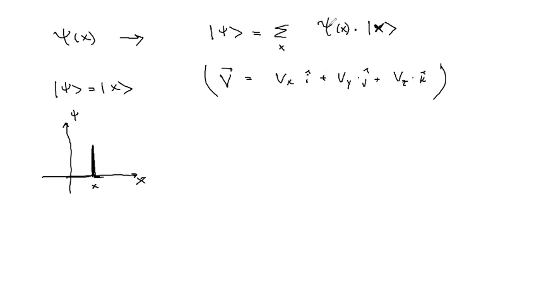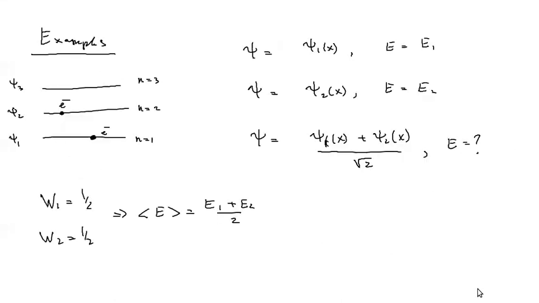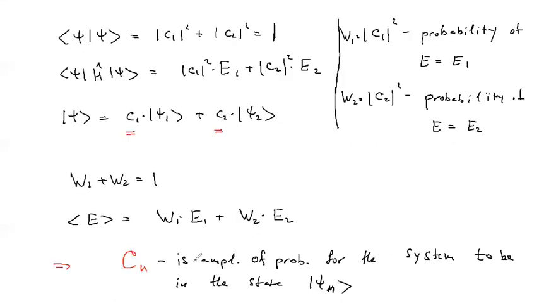I'm trying to say that when you started to talk about the wave function, I never wrote this equation before. Now I can say that my state can be presented as a superposition of states with certain position and the coefficient of proportionality. What is the coefficient of proportionality? It is the amplitude of probability for the system to be in the basis state, yes?